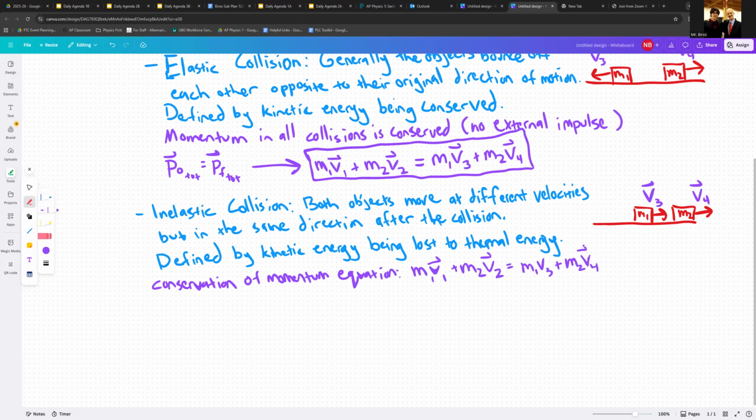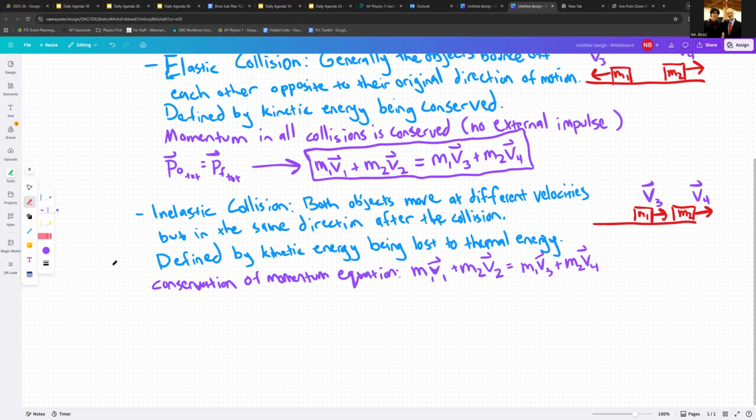Remember that for each one of these terms, we're just taking mass times velocity because that's how we get momentum. So mass times velocity for the first object before the collision, second object before the collision, all of that starting momentum total equals the ending momentum total for the first object and for the second.